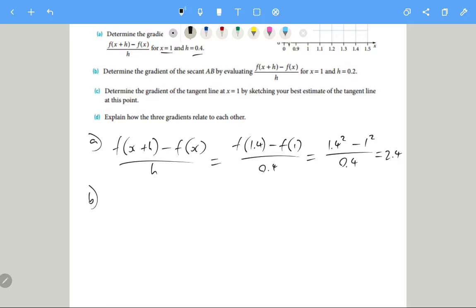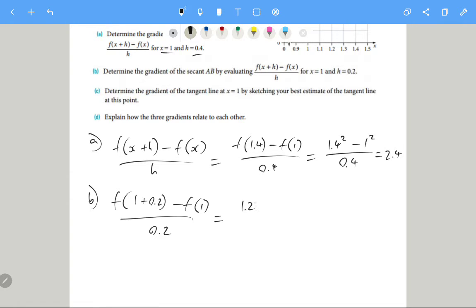Alrighty, for part B, let's do this again, but we're keeping x the same, we're just changing the h value, so h is getting a little bit closer. So let's try this again, but with f of 1 plus 0.2 minus f of 1 all over 0.2, because our h value has decreased.